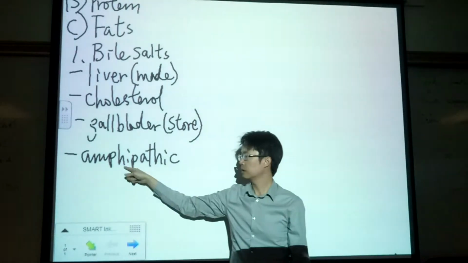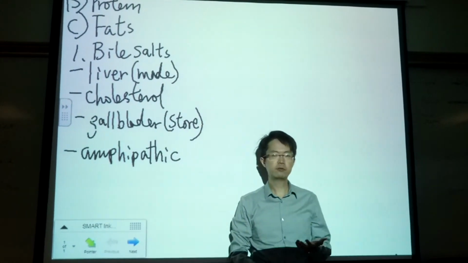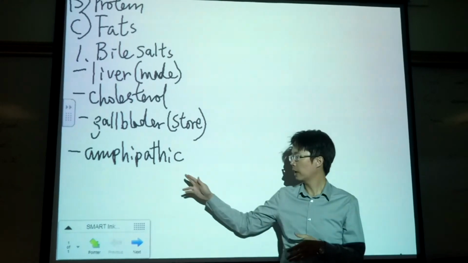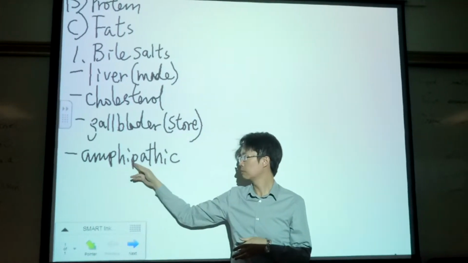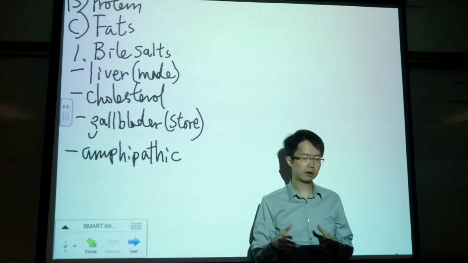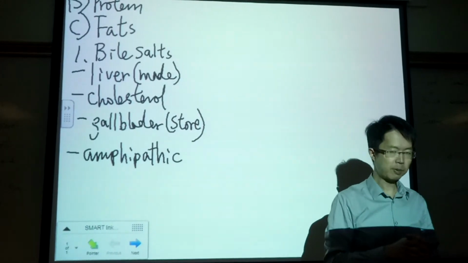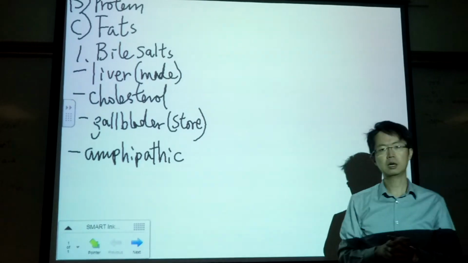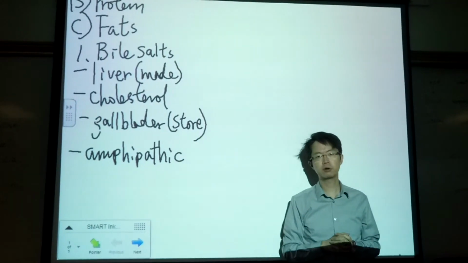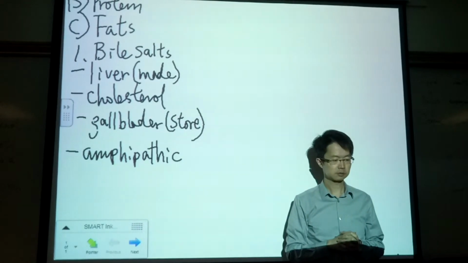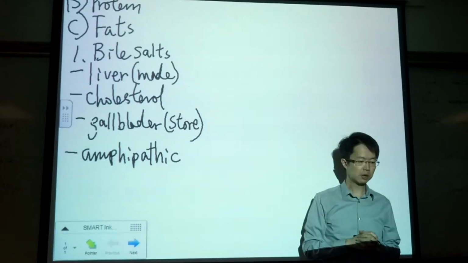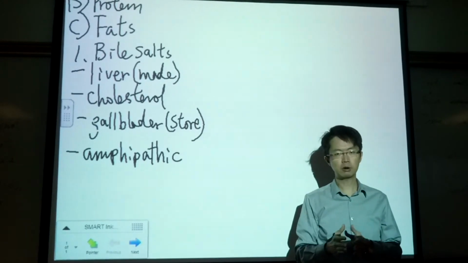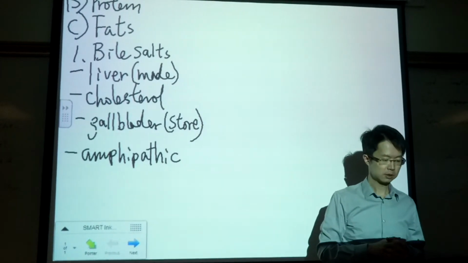Amphi is like amphibian, the animal that lives in 2 environments. So amphi meaning 2, pathic meaning 2 affinity, 2 pathway. What are the 2 pathways? Hydrophilic and hydrophobic. So bile is both hydrophilic and hydrophobic.